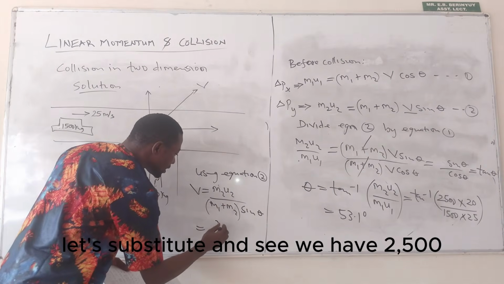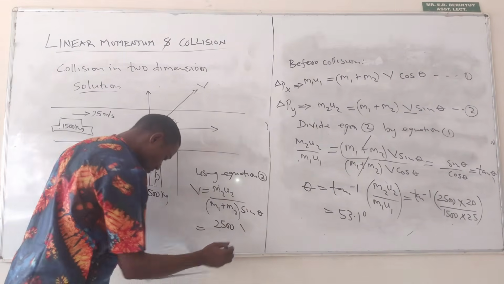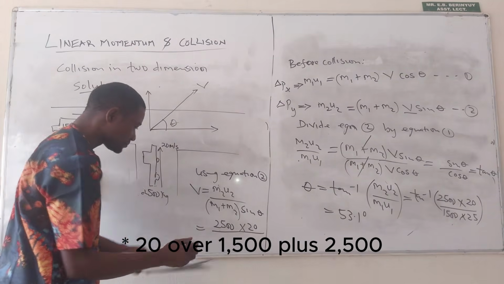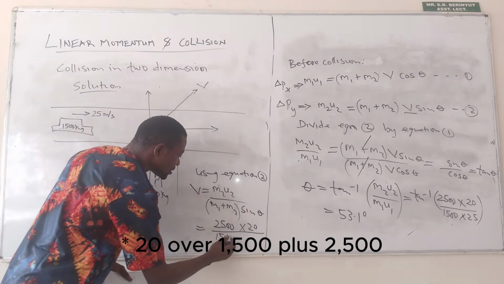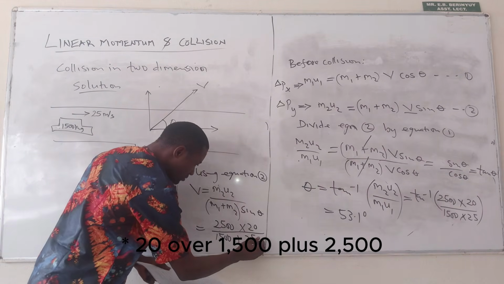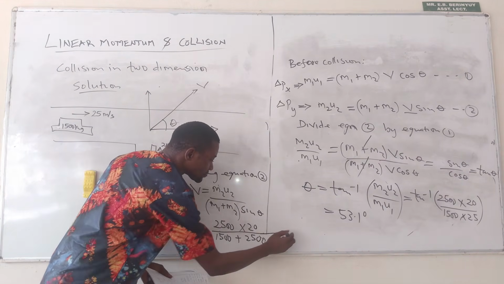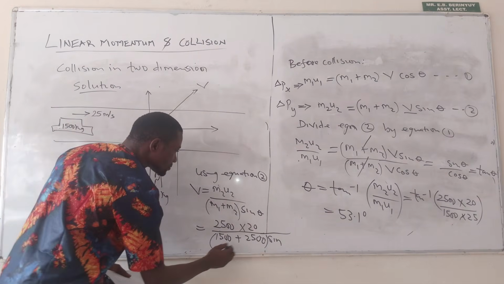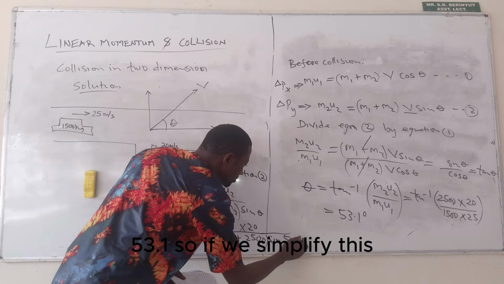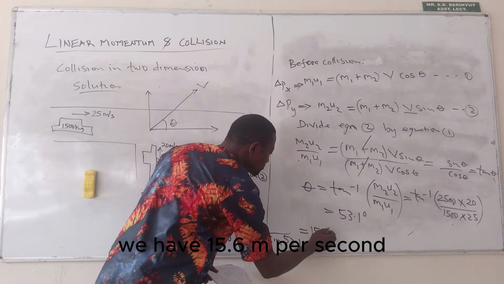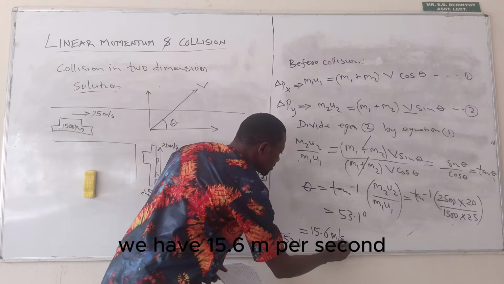We'll have 2,500 times 20 over (1,500 plus 2,500) sine 53.1. If we simplify this, we will have 15.6 meters per second.